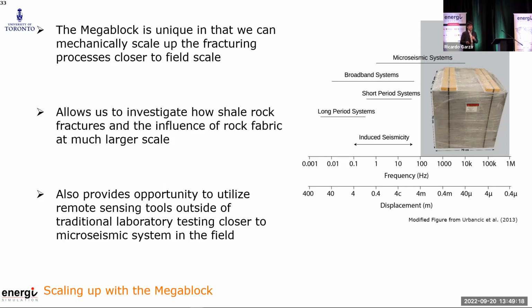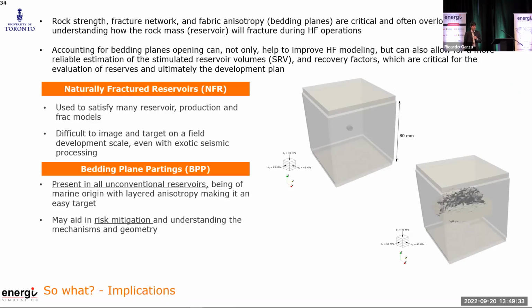And the idea is to acquire as much data as possible to really try to understand even more what is happening during the hydraulic fracturing process in layered anisotropic rock. That actually leads me to basically the last.